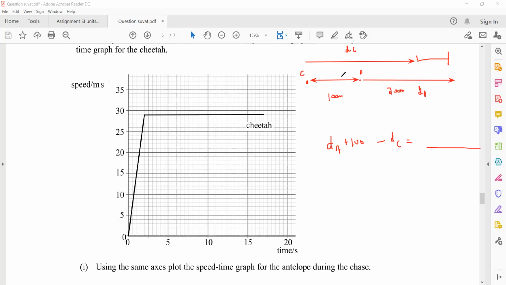When you solve it you will understand the values, but theoretically you can do it in this manner. Any doubt in this part?